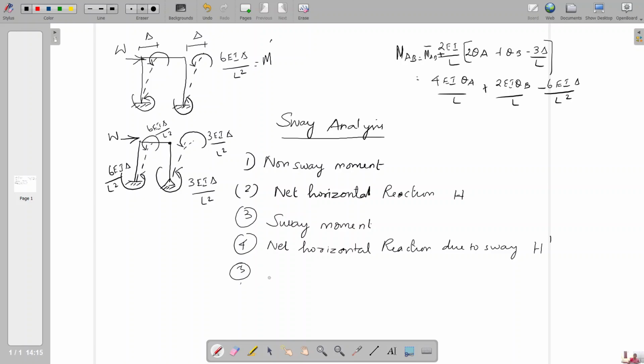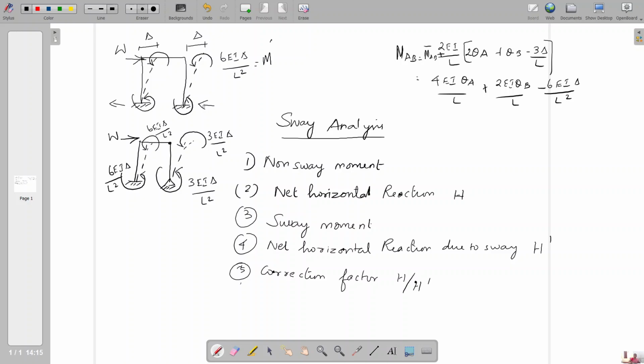And the correction factor, we have to calculate the correction factor H divided by H dash, because initially we are analyzing the given frame as a non-sway frame and calculating some horizontal reactions. For a horizontal load there will be a horizontal reaction at A and D in different magnitude.